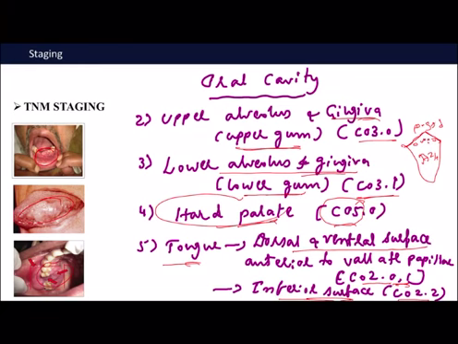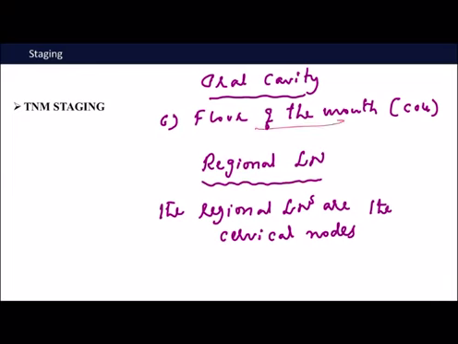Now other than that, there is also floor of the mouth involvement, and whenever there is floor of the mouth involvement, here it is given as C04. There is no point over there, right? So C04 is the standard coding system of the International Classification of Diseases for the floor of the mouth. Sometimes in the exams they can give you a question like C04 coding system based upon the International Classification of Diseases, and the answer will be the floor of the mouth.